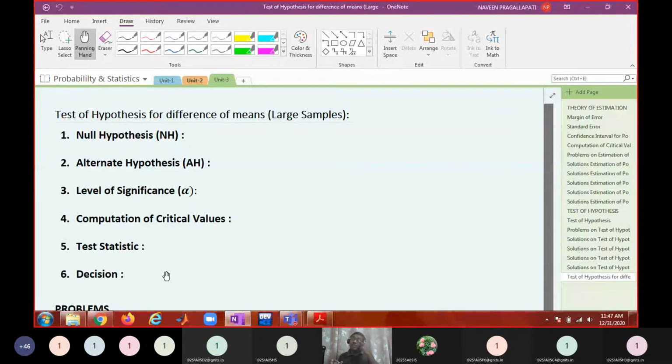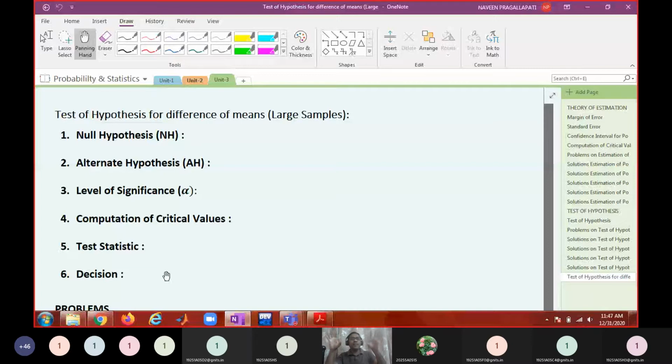So if you are to compare two population parameters, let us say mean. There are two populations. The first population will have one mean, mu1. The second population will have its own mean, let us call it mu2.